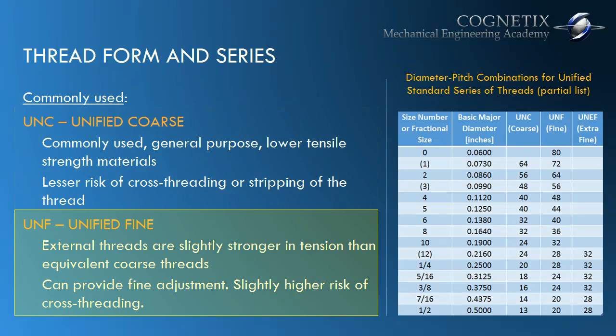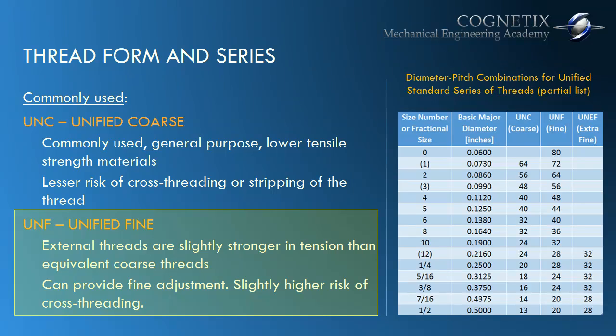On the other hand, the Unified Fine threads are higher pitch for the same size of screw. In the case of external threads, these are slightly stronger in tension than the equivalent coarse threads for the same size of screw.